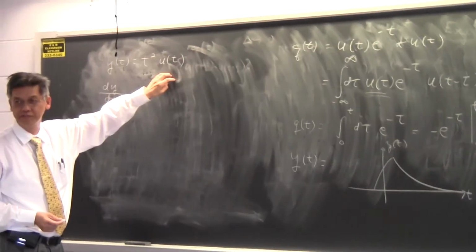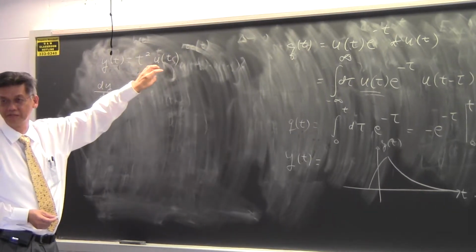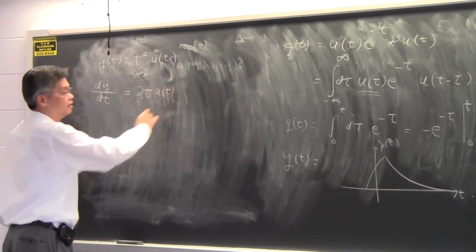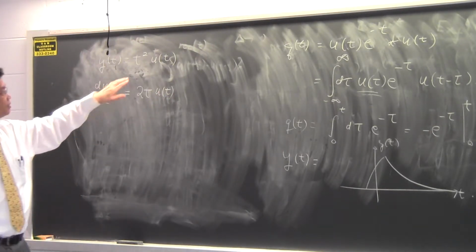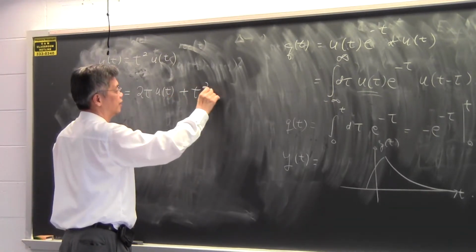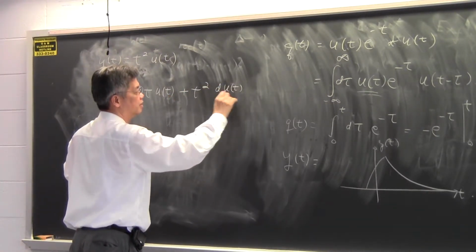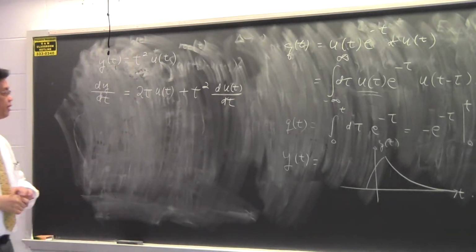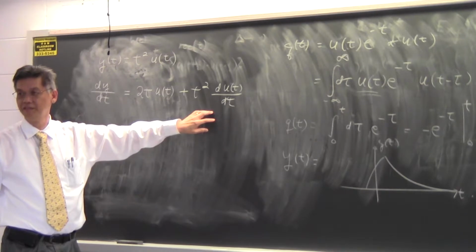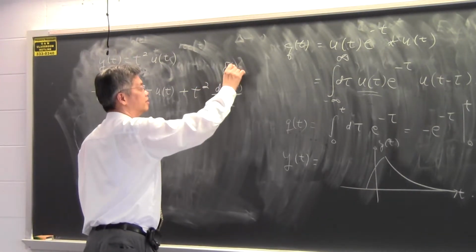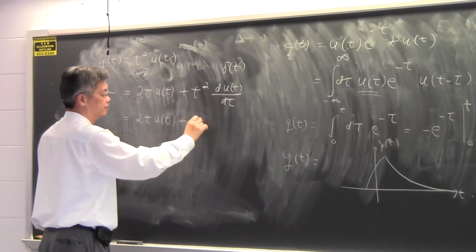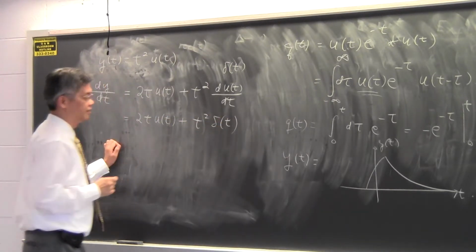When I differentiate a product of two functions, I differentiate the first one, keep the second one constant. I get 2t u of t using the product rule of differentiation. And then I do the second part, which is t squared du(t)/dt. This is the product rule. But what do I get when I differentiate u of t? The Dirac delta function, very good. So then I have 2t u of t plus t squared delta t.